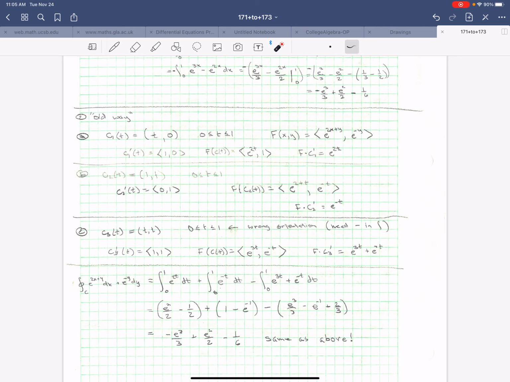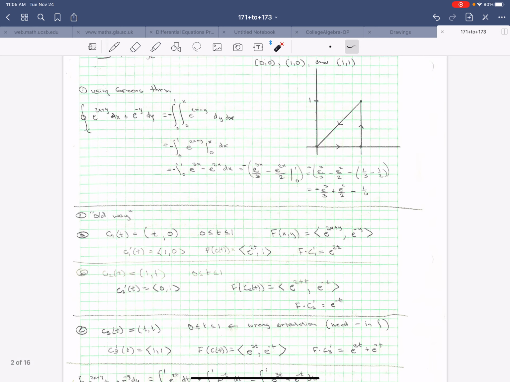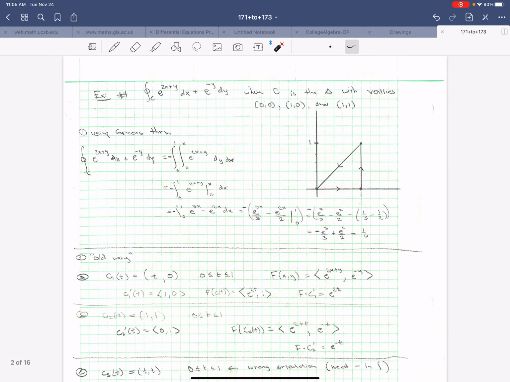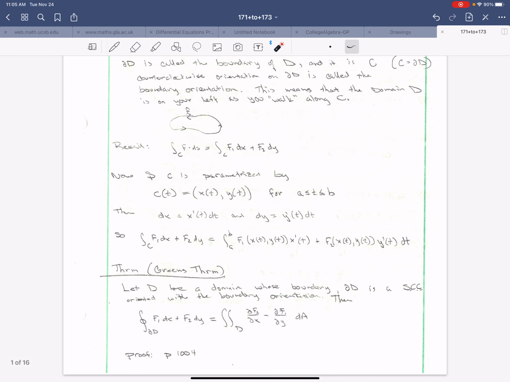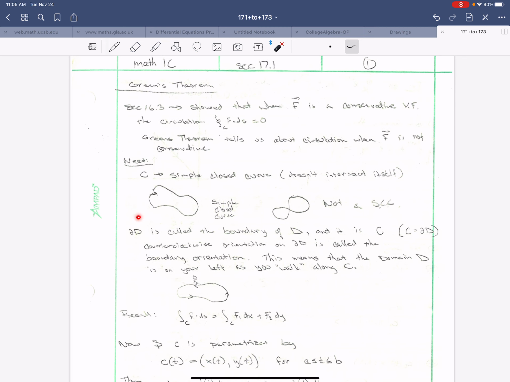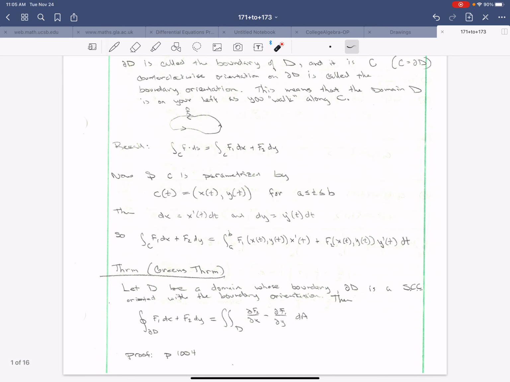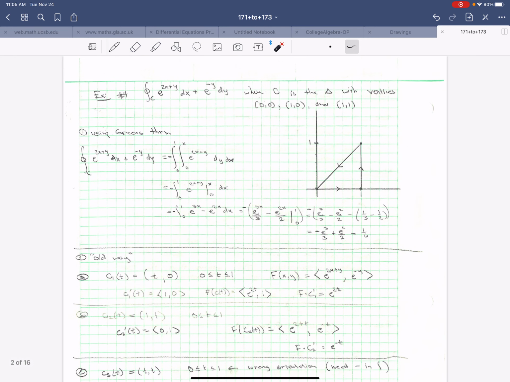And that's how you would do it the old way, and it would take 3 pieces. But this boundary right here, and we haven't talked about it yet, is kind of the border, it's the fence, and the fence sucked because the fence was 3 separate pieces that walked around.